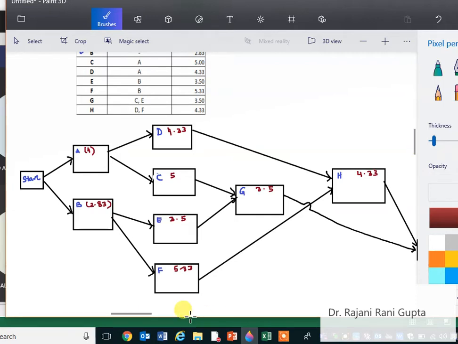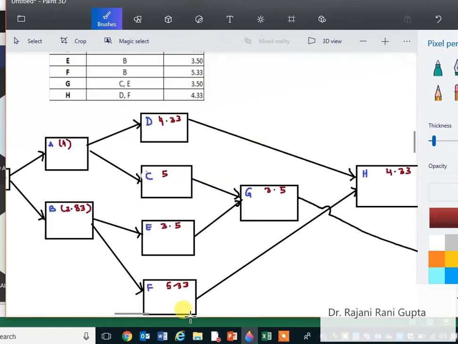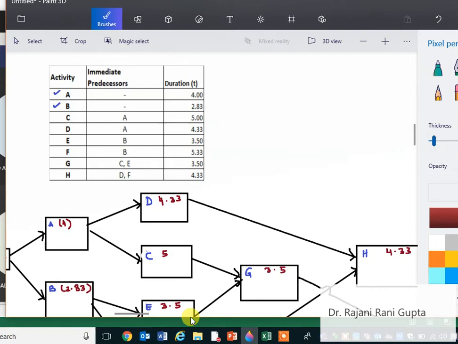Now what we have to do, we have to calculate the early start, early finish, late start, late finish time for each of the activities. So how do we do that? We know that if this is the activity and this is the duration T, then how do we represent early start, early finish, late start, late finish?